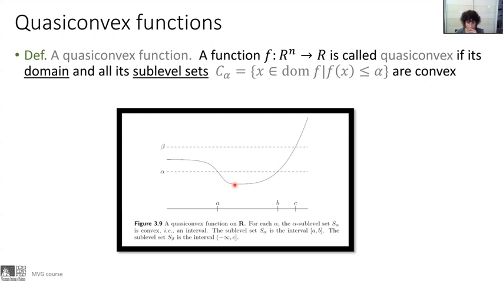So it means that not all the sublevels are convex. Why not? Beta gives you the interval between -infinity and C, right? Yes, but in the domain less than A, I start to get a non-convex area. No, I think you get a convex area. Please take a careful look and you will convince yourself that everything is convex.